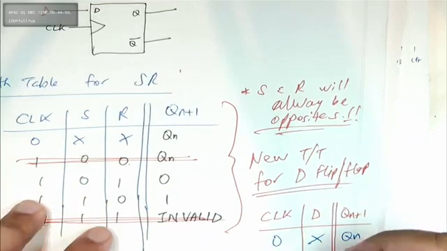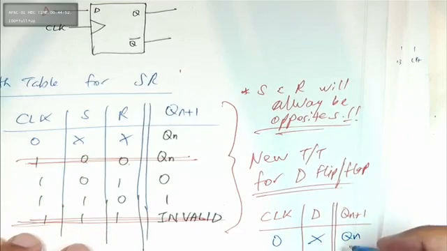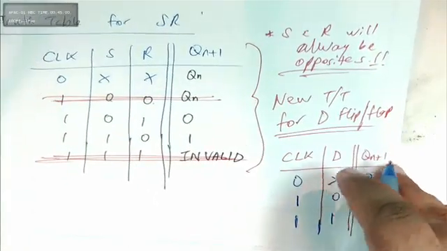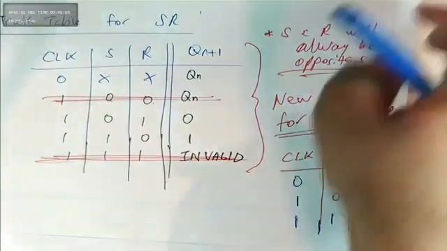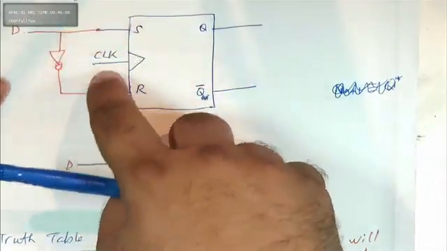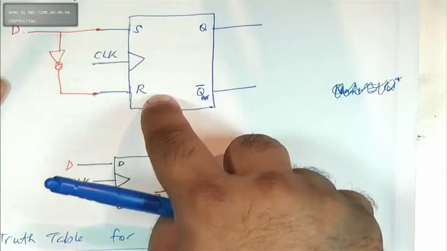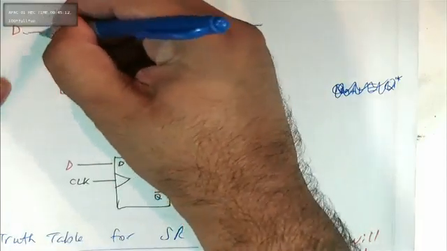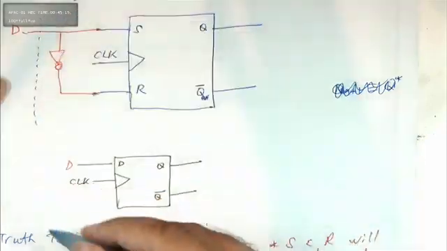Clock, there's only 2 possibilities, 0, 1, all right, and you have 0, 1. Just want to show you this. Okay, we only have one input now. Come back here. We only have one input. The new input is D. So let's just put a dotted line all around that.